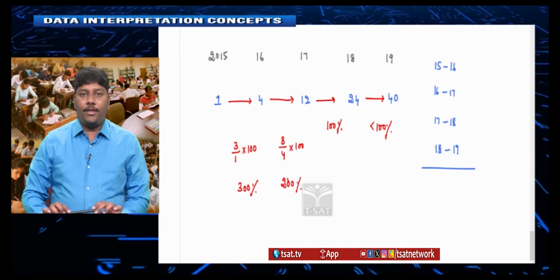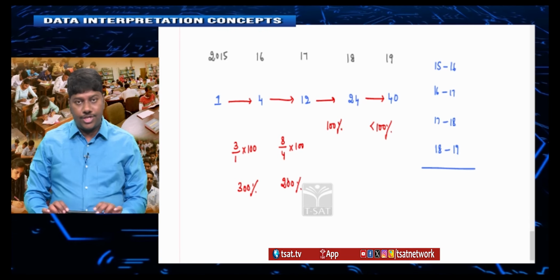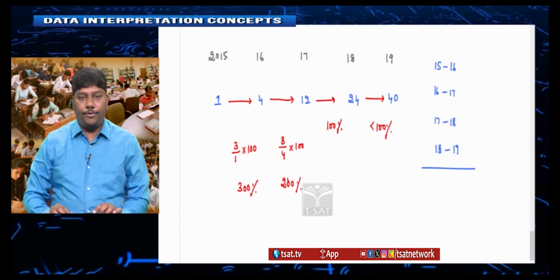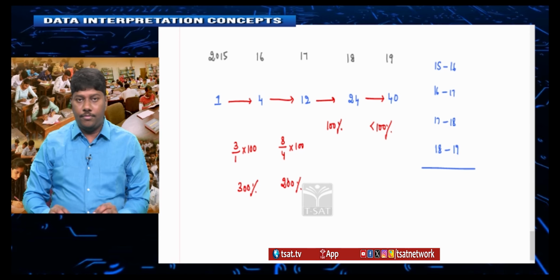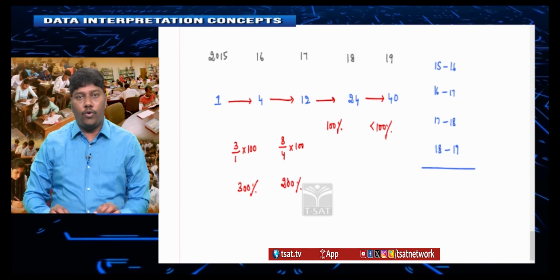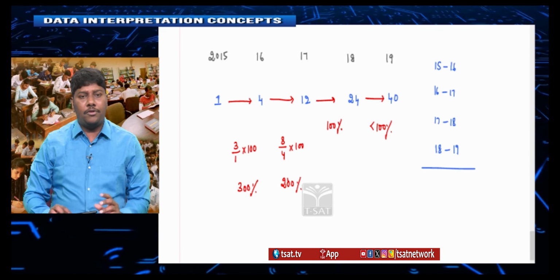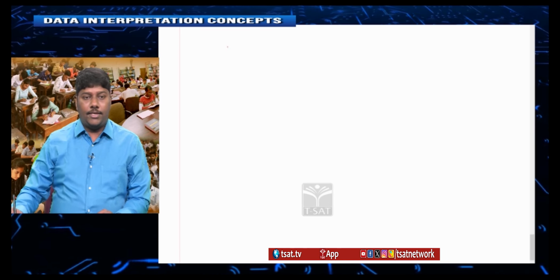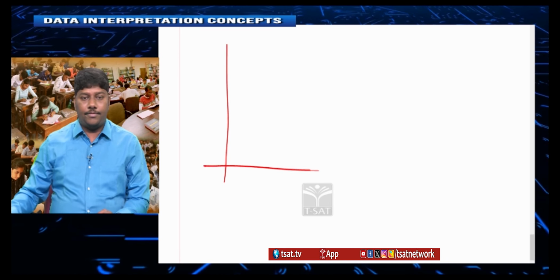So don't look at the value, look at upon which it is increasing and upon which it is decreasing. That is very, very important than the value. If you look at only value, there is a chance that you may go wrong. So I am giving you values here. I can actually give you in terms of bar graph also. Let's say if I give you bar graph like this.